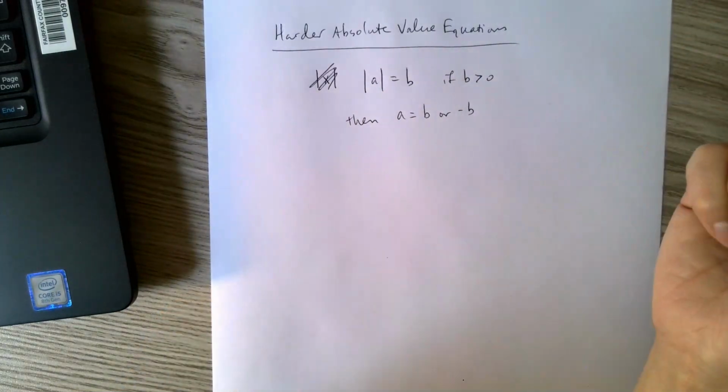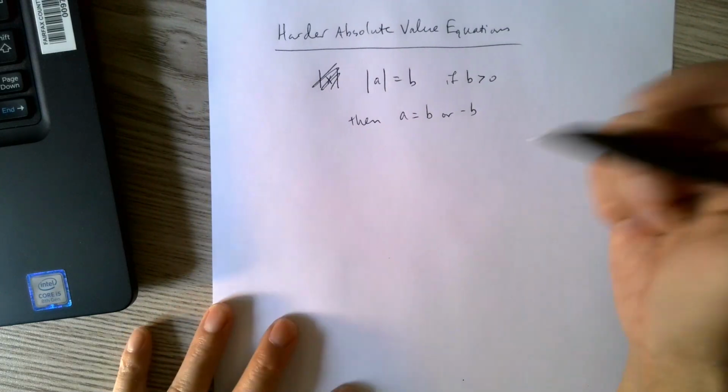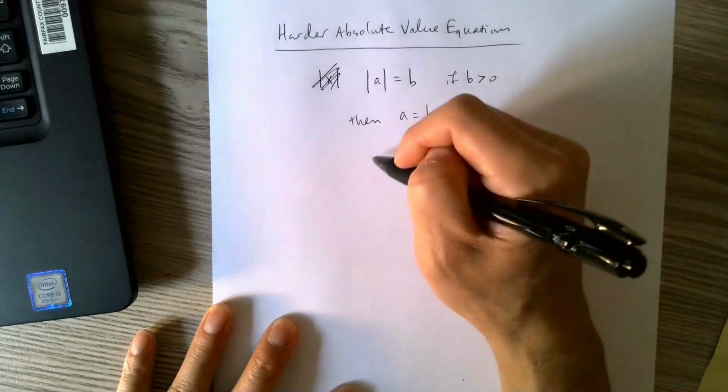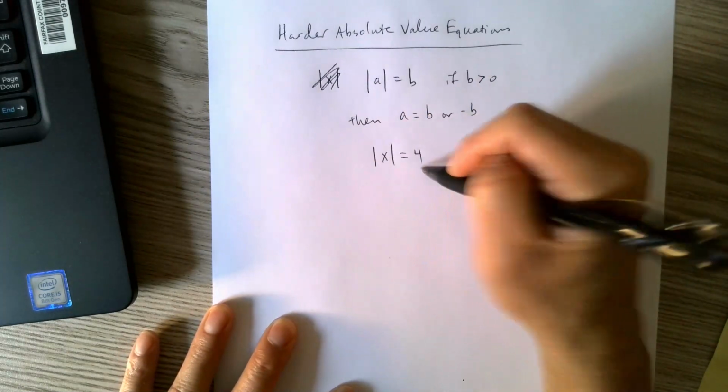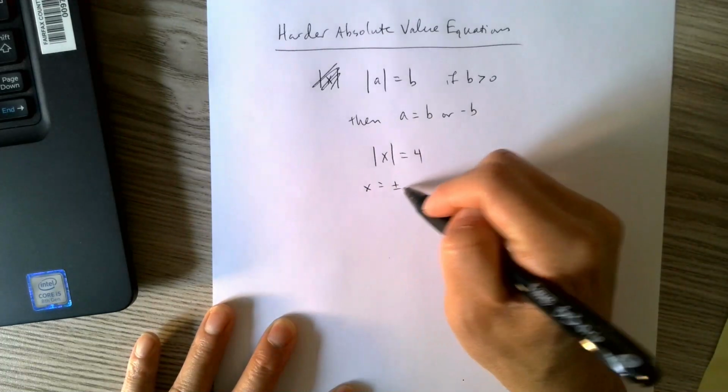So you have two answers. So this would apply in a situation like this. B is positive, so x equals plus or minus 4.